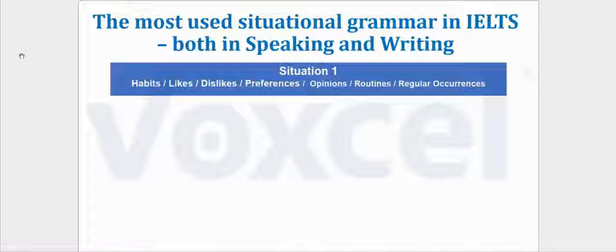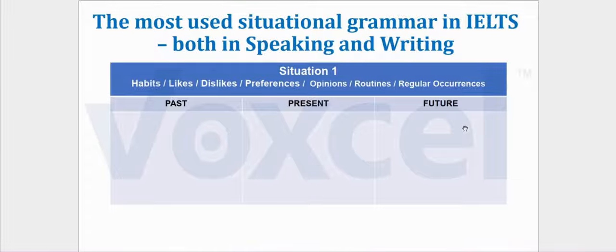When you want to talk about habits, so focus here. So here it is written: when you want to talk about habits, likes, dislikes, preferences, opinions, routines, or regular occurrences. If you want to talk about these kind of things, you have to use the grammar of situation number 1, whether it is in past, present, or future.